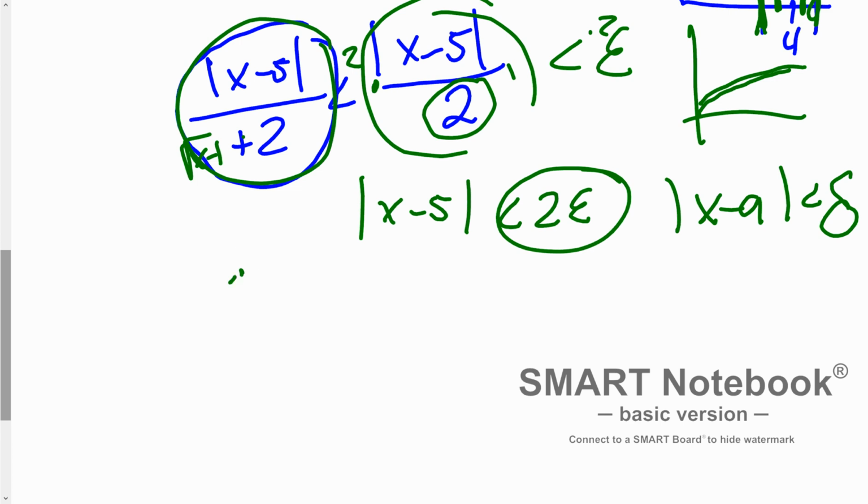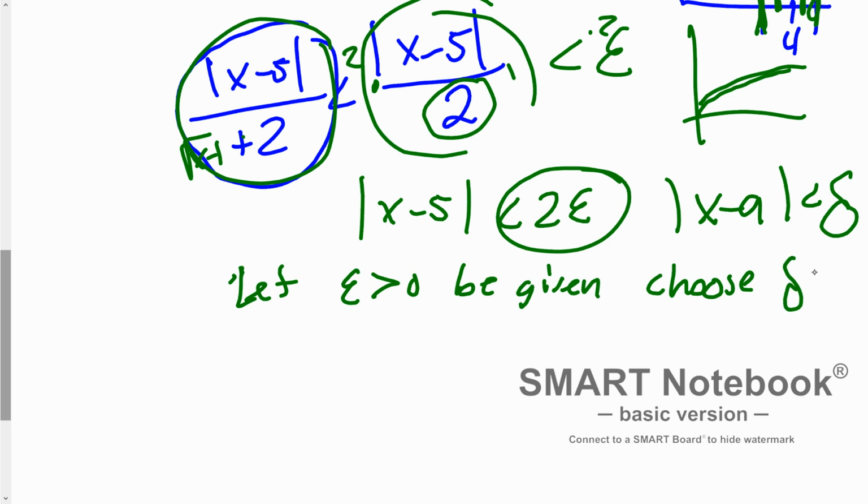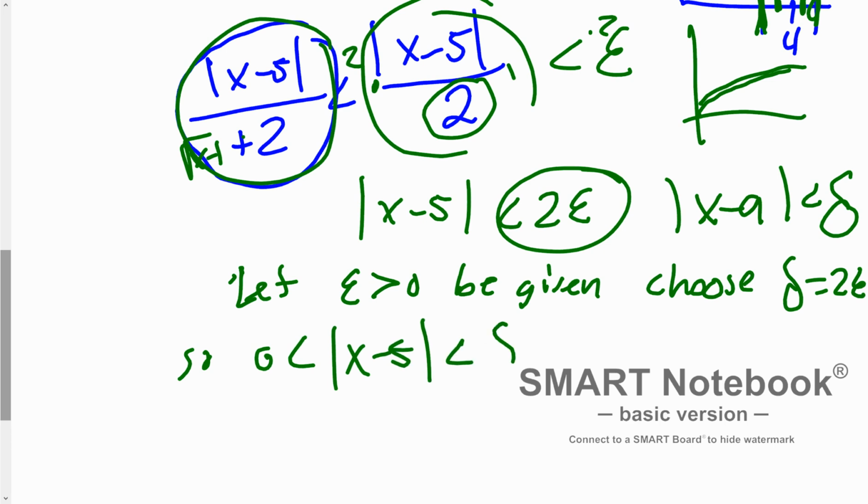So here's the proof. Let epsilon greater than 0 be given. Choose delta equals 2 epsilon. And now we plug in our a. So 0 is less than the absolute value of x minus my a, which is 5, is less than delta. Then I can plug in my delta.